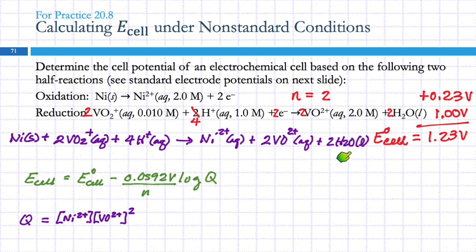Are we going to put the water in there? No. Liquids and solids are left out because their concentrations don't change. So divided by nickel solid, that doesn't get included. And then we've got VO2 plus, the coefficient of 2, so that gets squared. And then we have hydrogen ion to the 4th power.